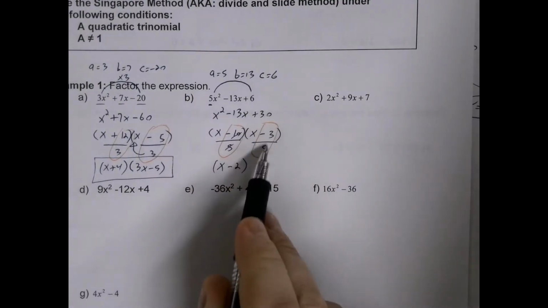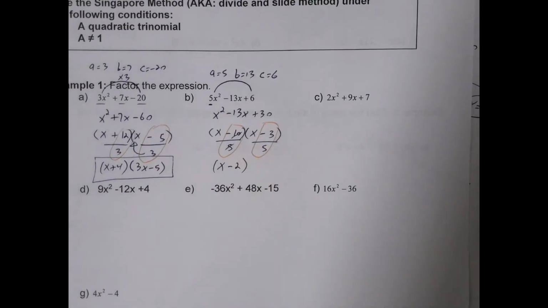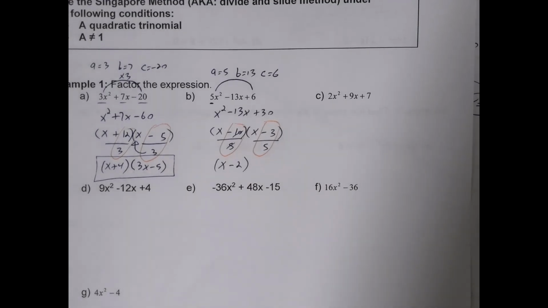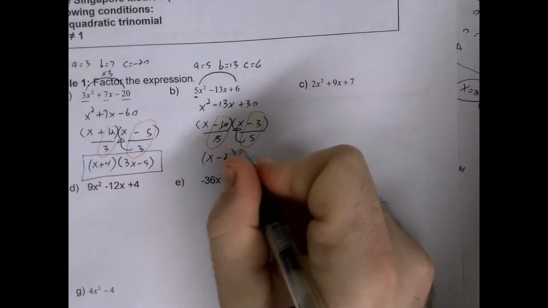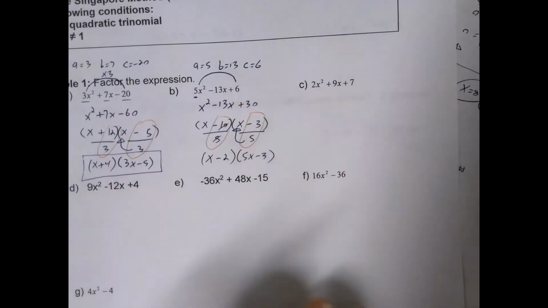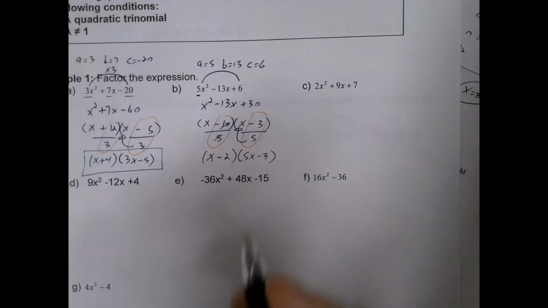This guy right here, see, the 5 doesn't come out of 3 nice. So where does it slide? So where's the 5 slide to? In front of the x. So this guy goes right here. So notice you'll get 5x minus 3 is your second binomial. Okay? Alright, let's see if this is right.